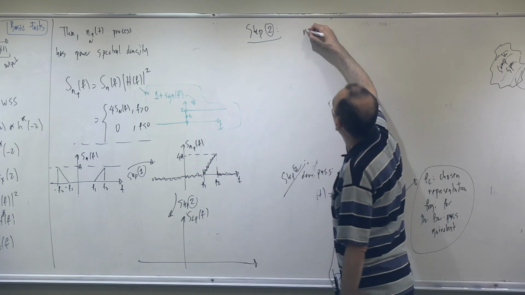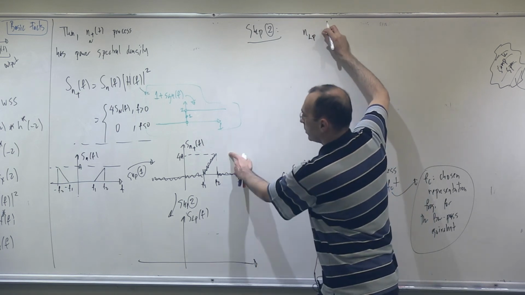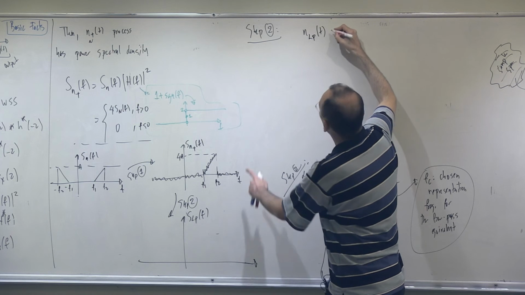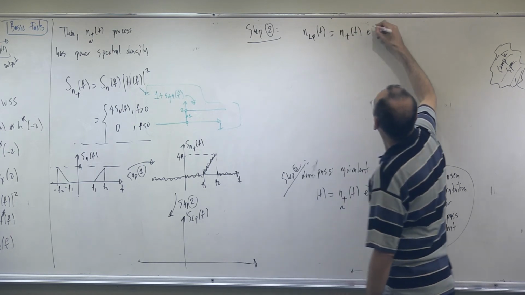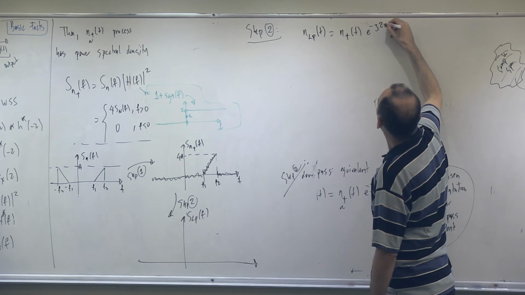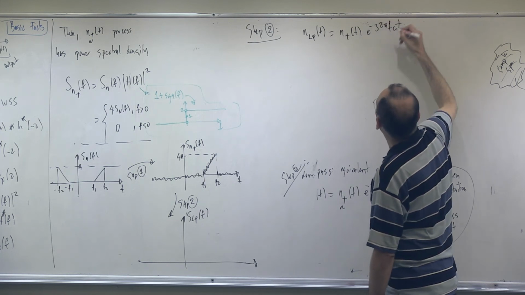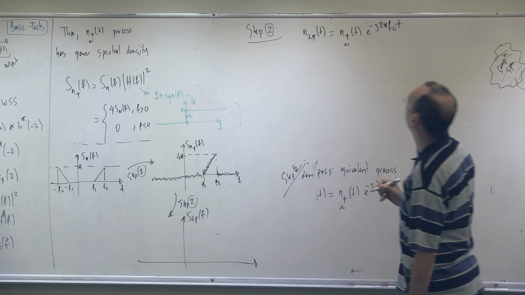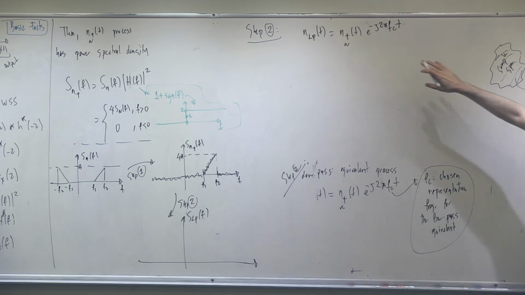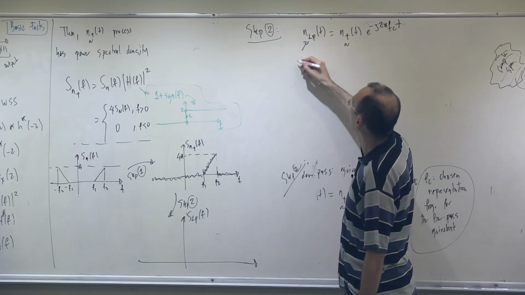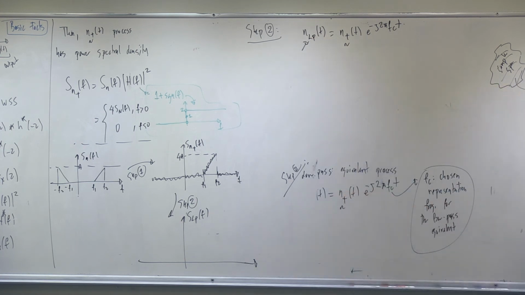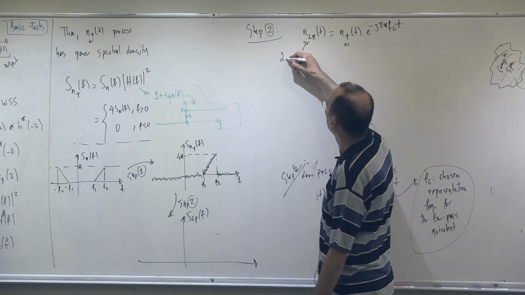Now, my lowpass process should be shifted to the origin. So this is a random process, okay? So I'm multiplying a random process by a function. So this is another random process, okay? That will be called lowpass equivalent random process.